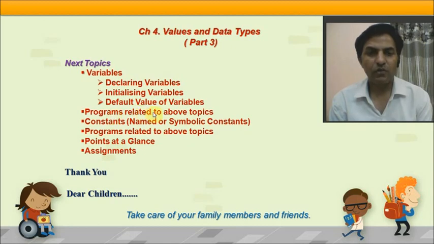Then I'll tell you programs related to declaration, initialization and default values, which are very important for any program. After that I'll discuss constants, then programs related to constants, and points at a glance.